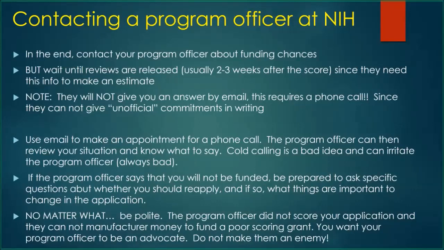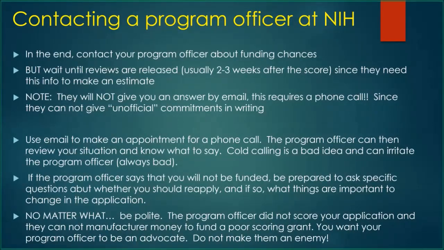So if they fund your grant, which is, let's say, a 26th percentile, and they don't fund somebody with a 14th percentile, they have to really justify that. So by being polite, by telling your situation, by really trying to sell the significance of your work, but not in an aggressive way, your goal here is to want that program officer to like you and to be your advocate for funding.